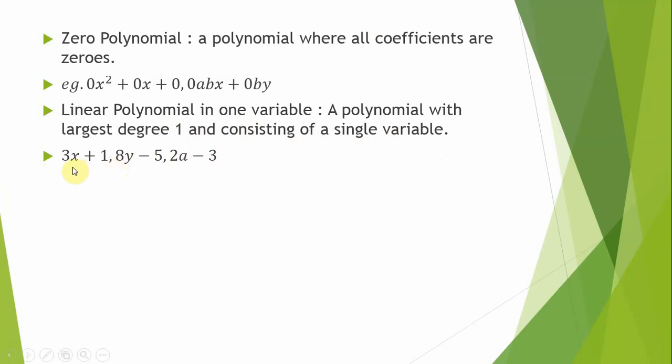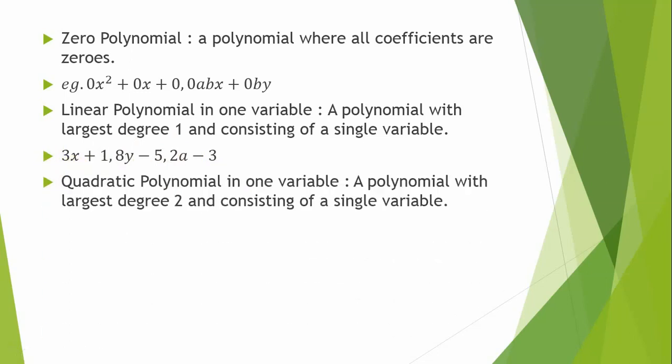So these have the highest power as 1. A degree means the highest power of an expression. So here the highest power of the variable would be 1, 1 and 1. So all these three are linear polynomials in one variable.